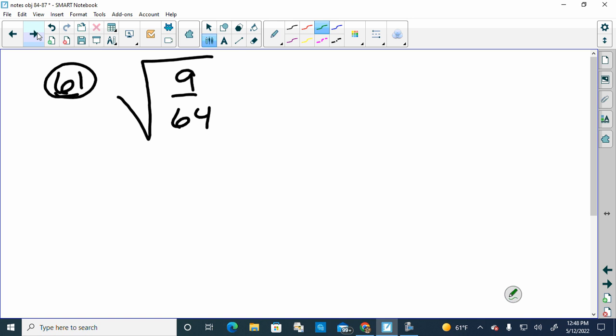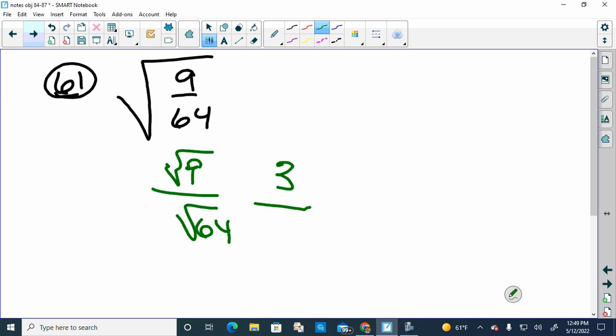Really, it means the same thing as separating the two of them and breaking them up individually. You don't have to rewrite it, just make sure that you know it means the same thing. So the square root of 9 is 3, and the square root of 64 is 8, and that's your answer.